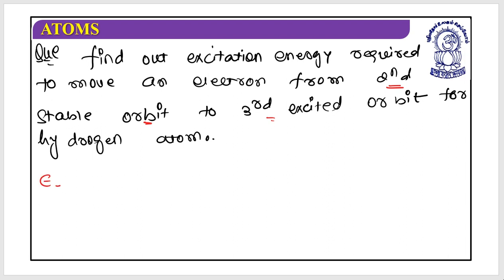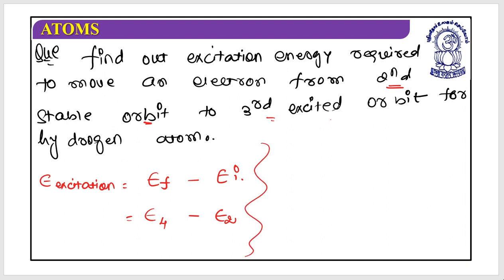So E excitation required would be equal to energy in the final orbit minus energy in the initial orbit. The final orbit is the third excited orbit, so this should be energy in the fourth orbit, minus energy in the second orbit.